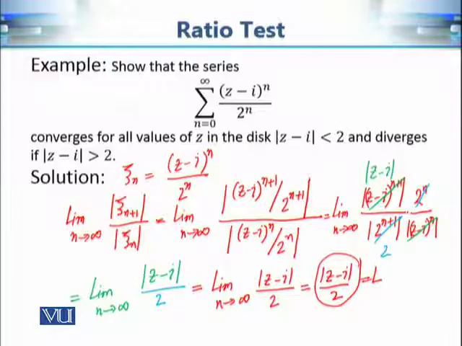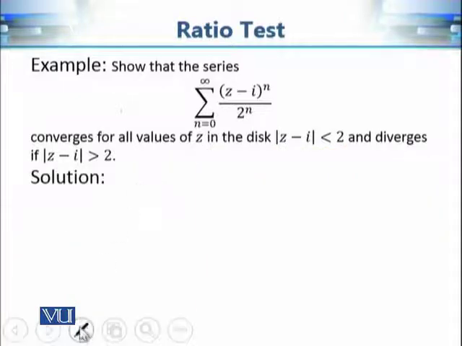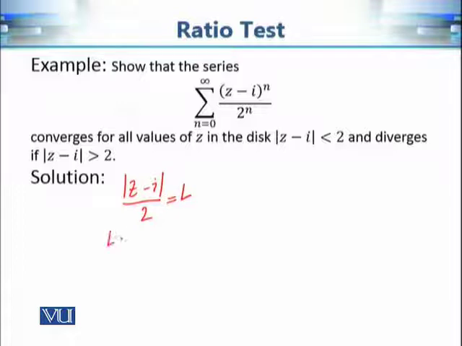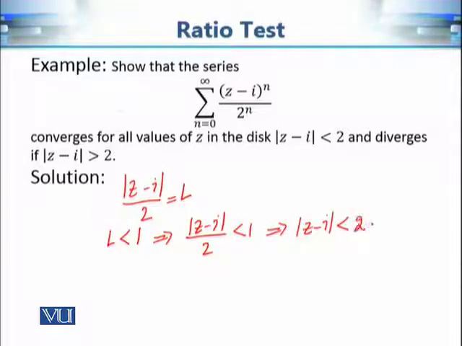Now let's see how to get our desired result. The modulus of z minus iota divided by 2 is basically our L, and we know that when L is strictly less than 1, this implies the modulus of z minus iota divided by 2 is strictly less than 1, and this implies the modulus of z minus iota is strictly less than 2. So this is the case when the series converges.